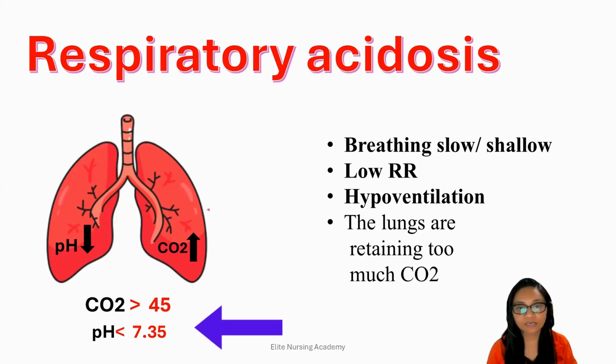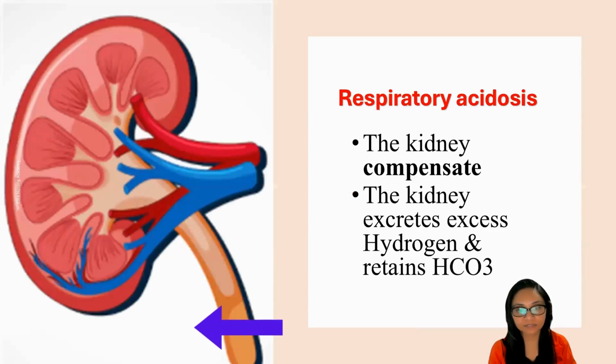The patient's respiratory rate is low and the patient will be hypoventilating. When patients hypoventilate, the lungs are retaining too much CO2. So now, how will the kidney compensate? We learned in the previous video that the opposite organ will always compensate.